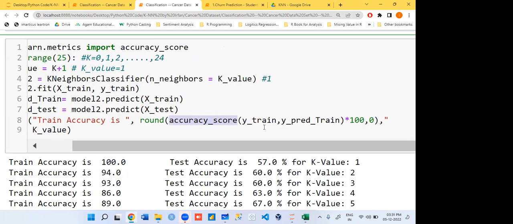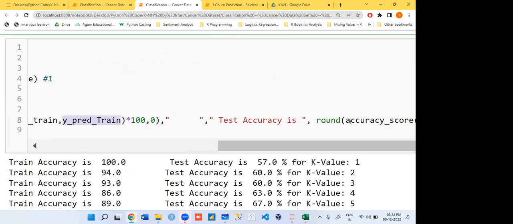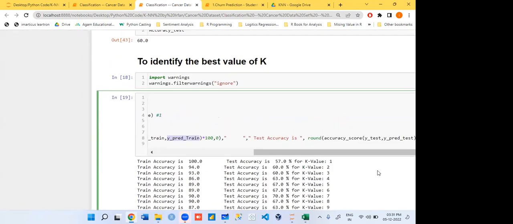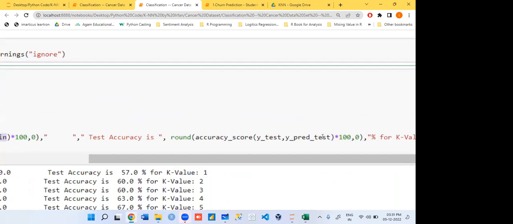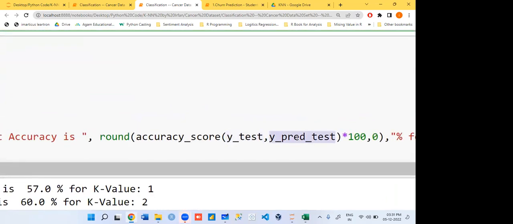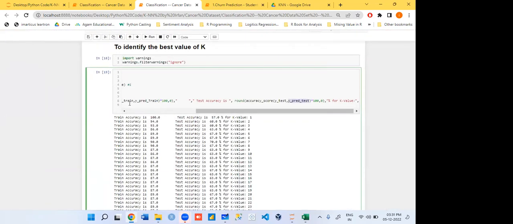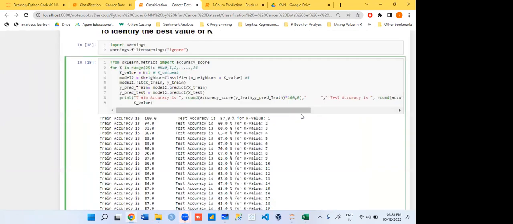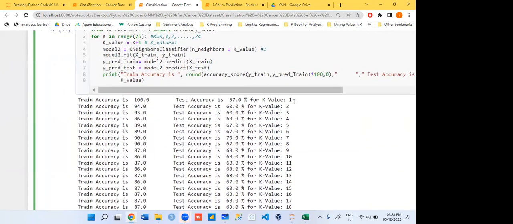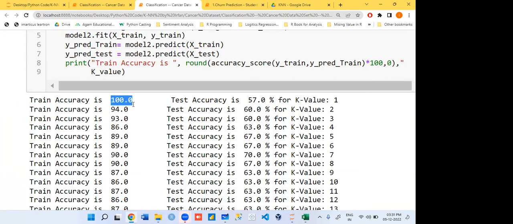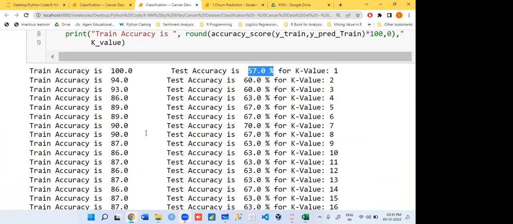Accuracy score, Y train and Y predicted. Then you'll be doing it for test data, Y test and Y predicted test. When the K value is 1, how much is the train accuracy? Overfitting. And for test, fail. Highest accuracy, guys.